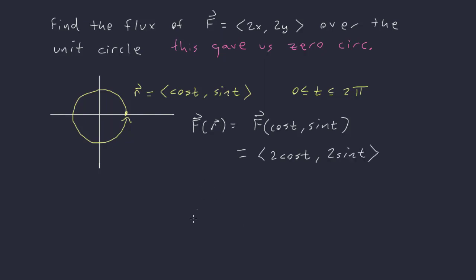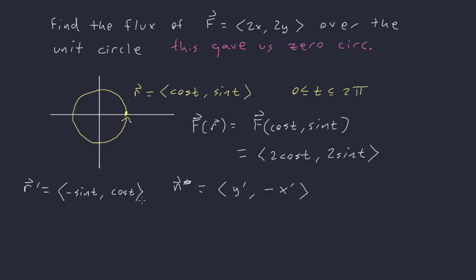Then we do need to find r prime, but that's not really what we're going to use. Remember, we need to find what I like to call n star, which is the vector y prime, comma negative x prime. So we still need to find r prime, but we just need to flip it. So r prime is going to be negative sine t, comma cosine t.